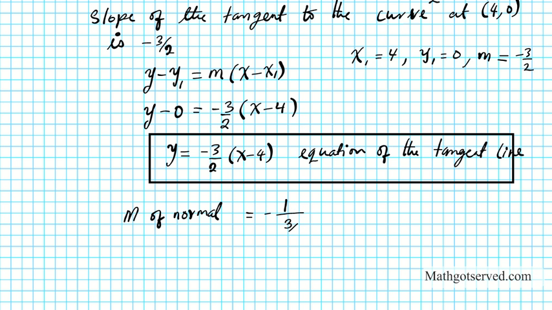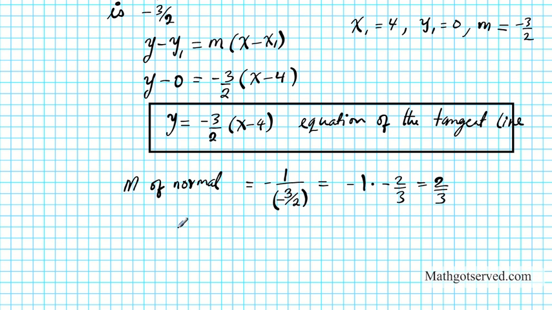Negative 1 over negative 3 over 2. If you simplify that, you have negative 1 multiplied by the reciprocal, which is negative 2/3, which is equal to 2/3. Okay, so that's the slope of the normal.